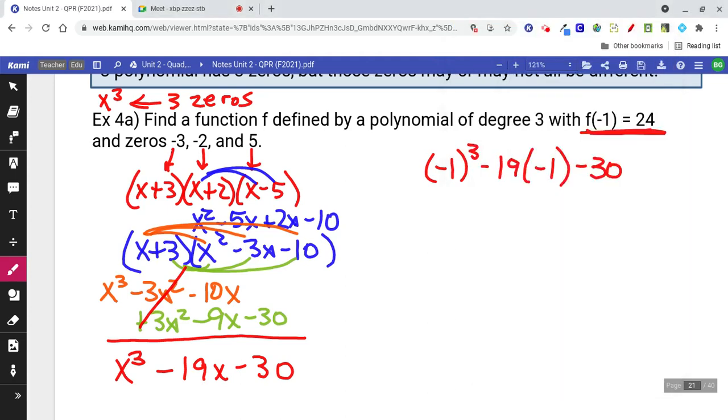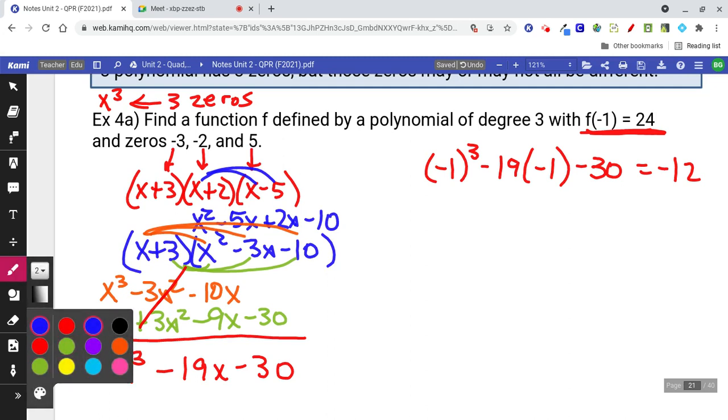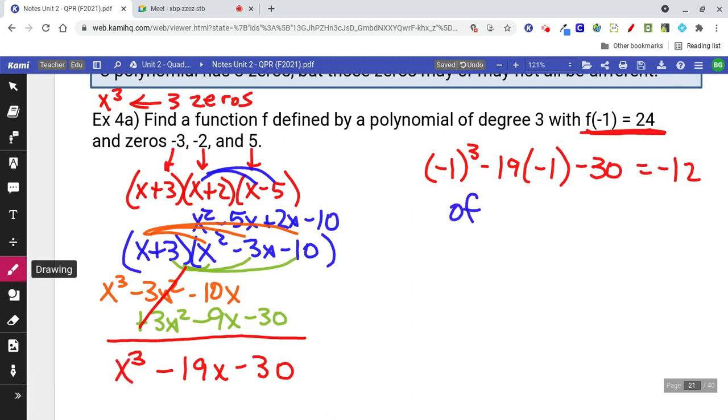Okay, negative 12. I'm supposed to get positive 24. I got negative 12. When I plug in negative 1, I'm supposed to get 24, so I'm off by a factor of negative 2. Okay? If I'm supposed to get 24, but I got negative 12, let's just multiply by negative 2.